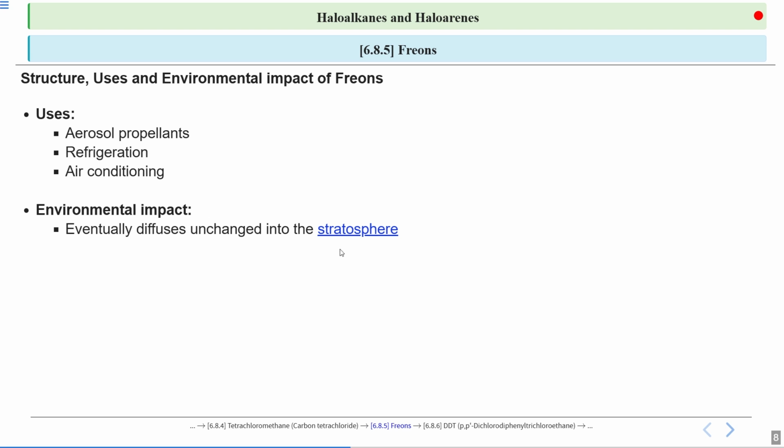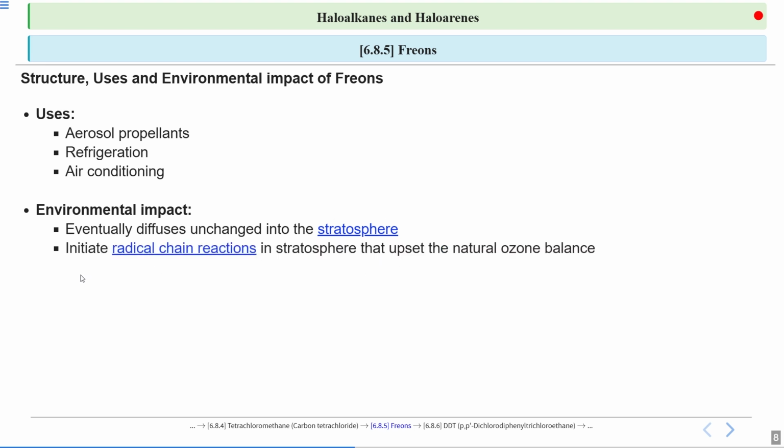The stratosphere is the layer just above the troposphere, and above the troposphere we have the ozone layer, which is in the stratosphere. When we use freons in our daily life, in refrigeration or air conditioning, it eventually diffuses unchanged into the stratosphere and initiates radical chain reactions that upset the natural ozone balance.